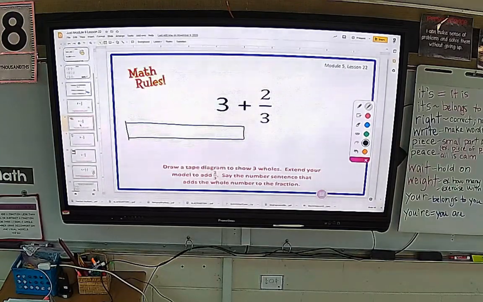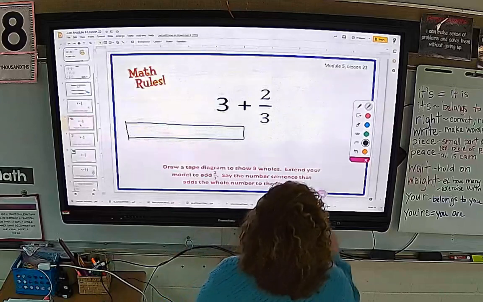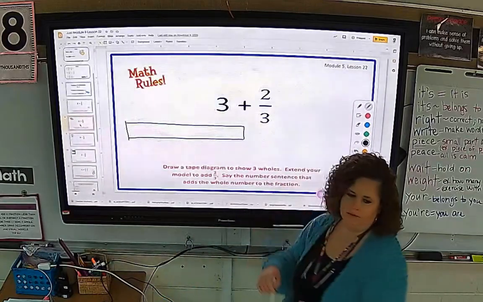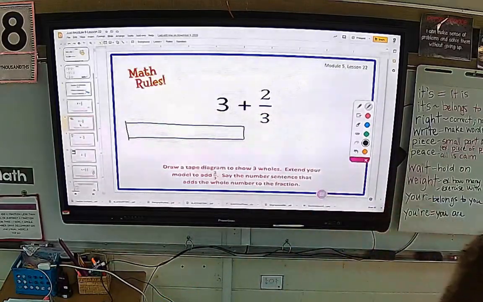Looking around, I'm seeing a lot more labeling going on. Somebody want to describe to me what they did?